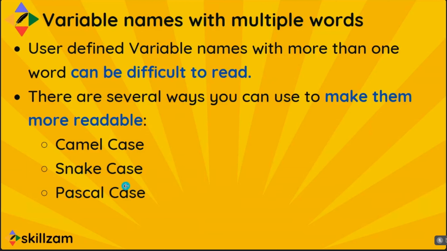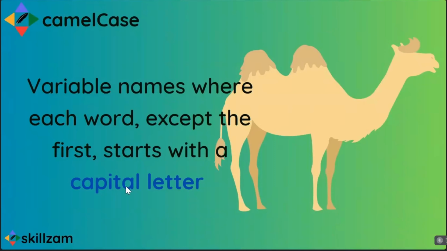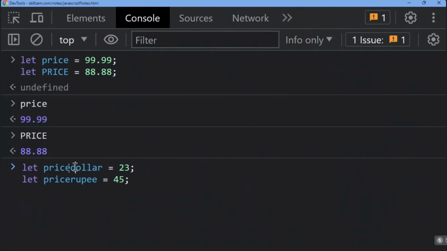And what are these individually? We'll see that. Camel case means variable names where each word except the first starts with a capital letter. Like in this case, c is a small letter, whereas C here is a capital letter. This is called camel case writing. So the example will be, instead of writing dollar price, I can say priceDollar.